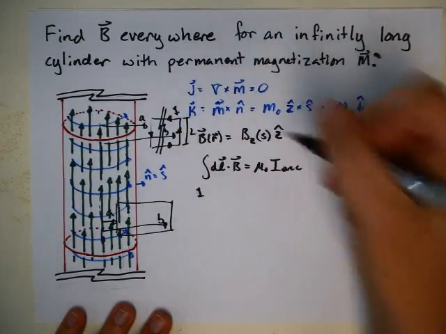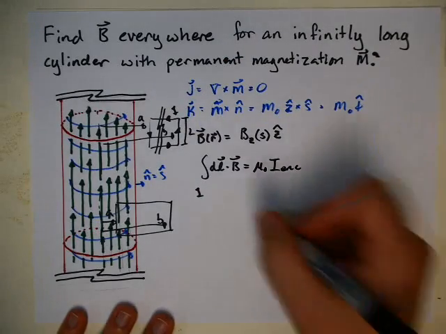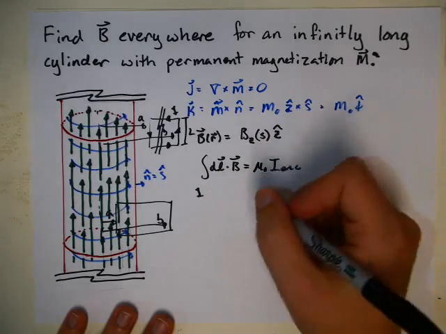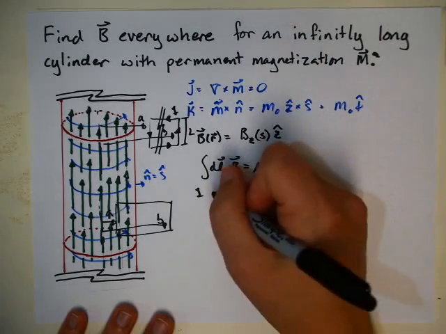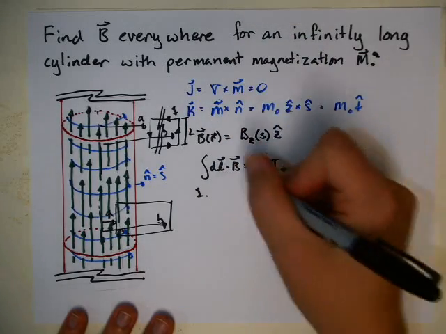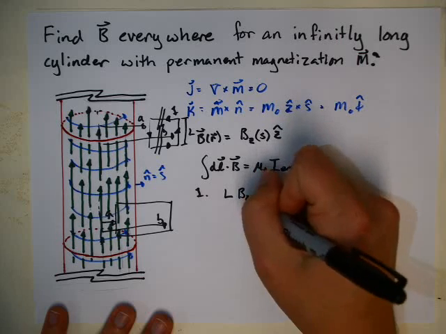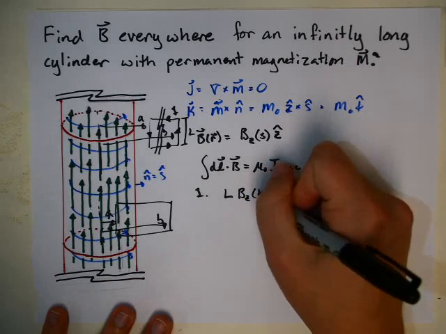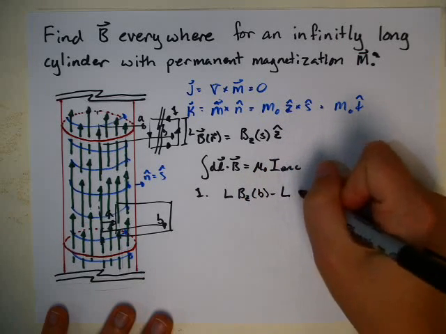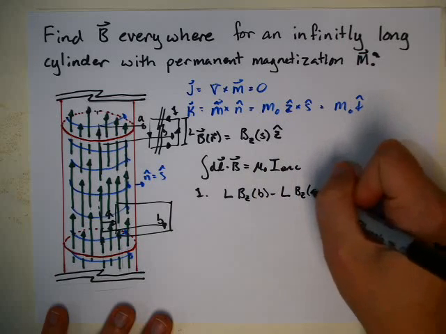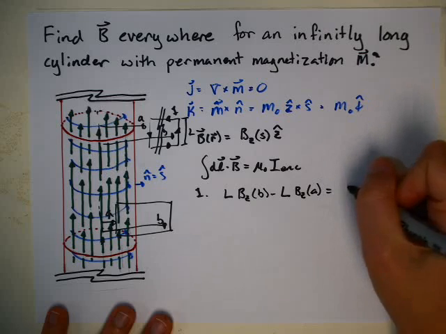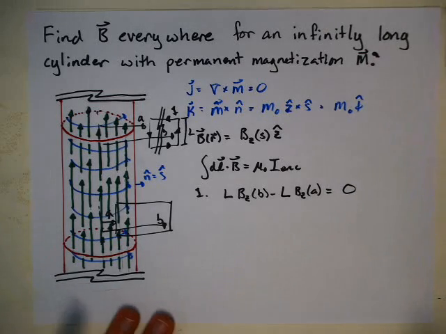If we say that the size of this rectangular loop is L in the z direction, from this part we're going to get L Bz at b minus L Bz at a, which must equal 0.